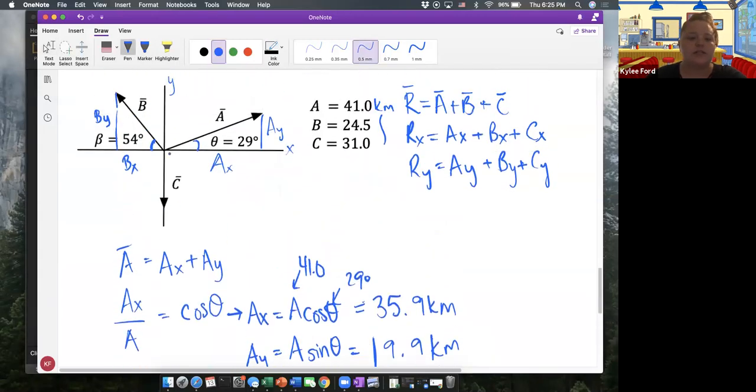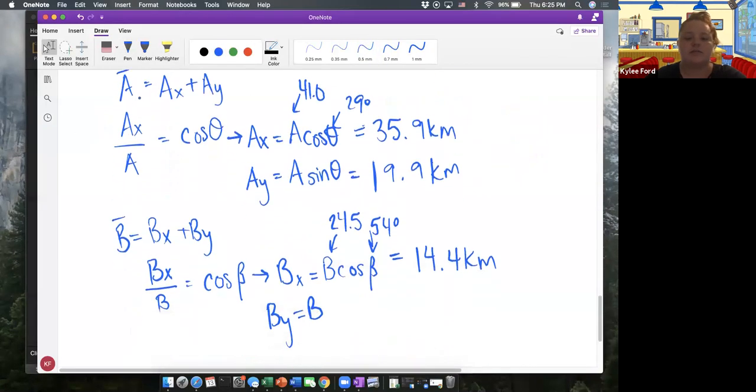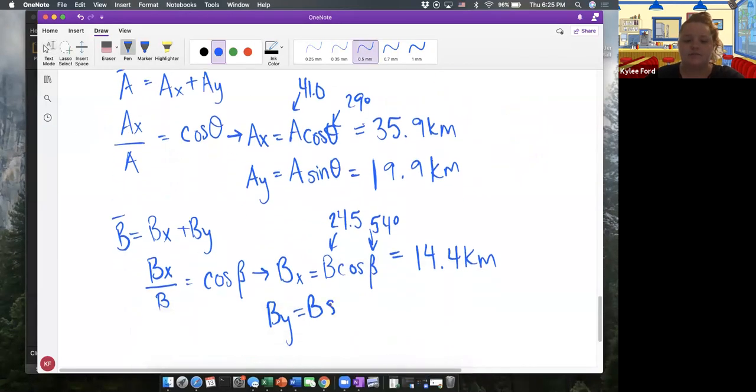Do the exact same thing for BY. It's going to be opposite over hypotenuse, so that's going to be sine of beta. Insert those numbers, use your calculator, and you should get 19.8 kilometers.